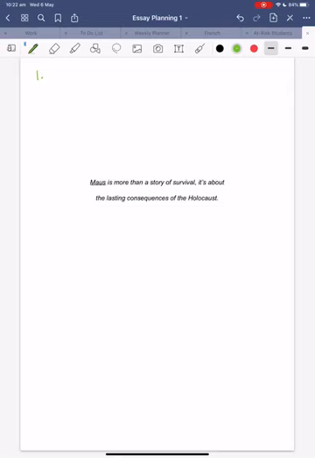So the first thing I do is look at the vocabulary. So what do I need to find out? Basically, this means, do I understand all of the words and phrases in this question so that I can best understand it?